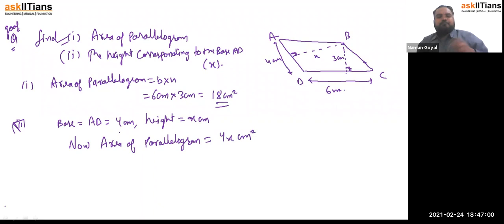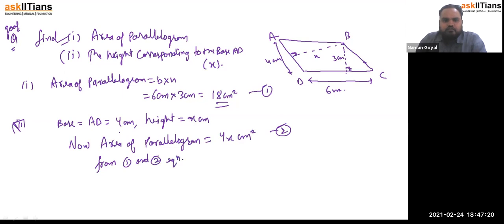Now in the first part we found the area of that parallelogram, right? So we can equate that value to 4x. If this is the first equation and this is the second equation, then from the first and second equations we get 4x equals 18.